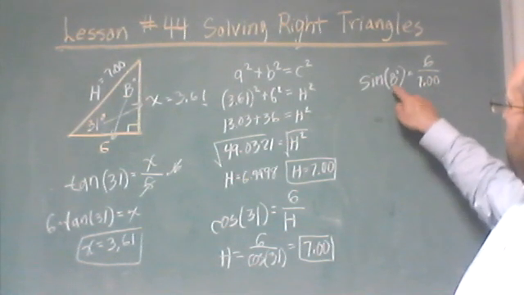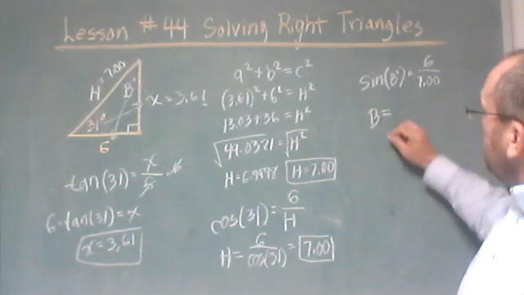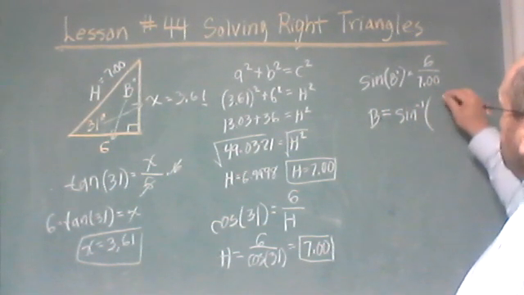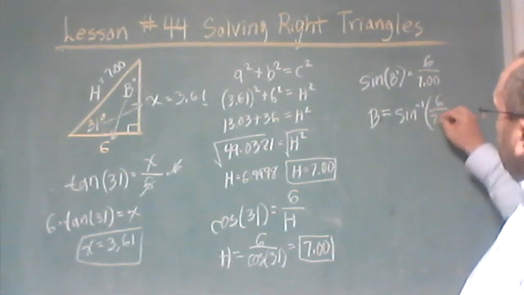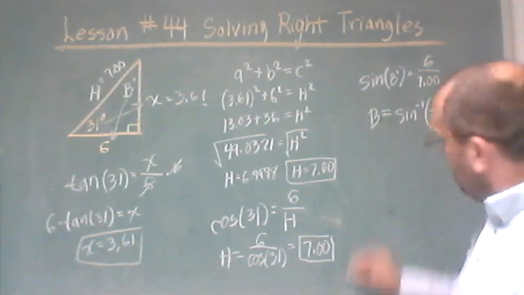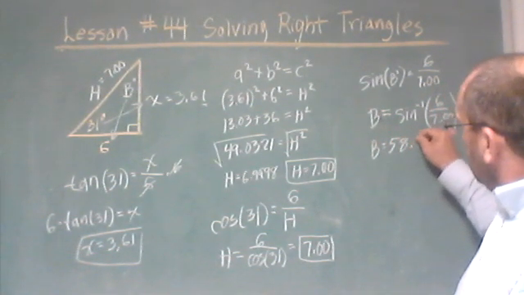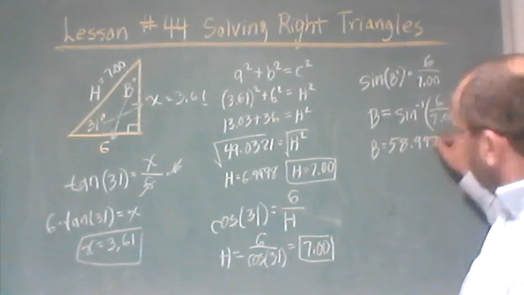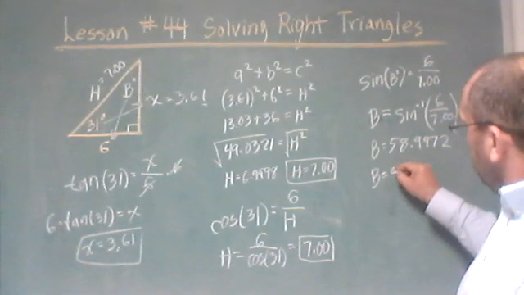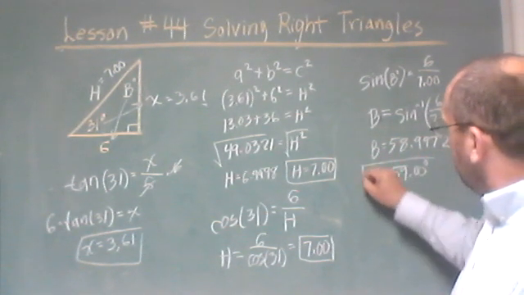Okay, so what do I want to solve for? I want to solve for that angle B. It's going to be the inverse sine of 6 over 7.00. When I type that into my calculator, I get B equals 58.9972, or when I round it, B equals 59.00 degrees. Okay.